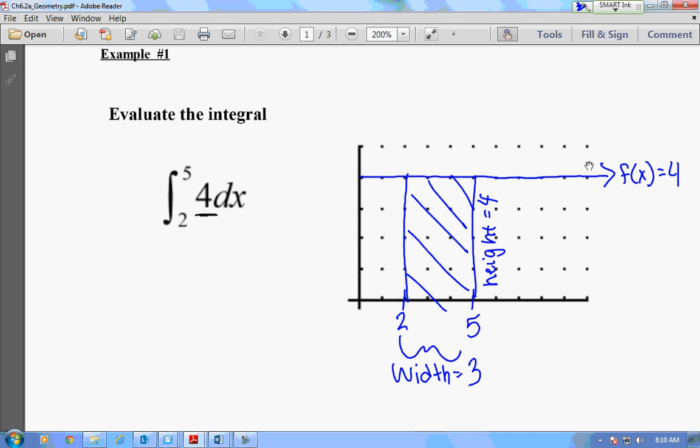This is a nice one to just use geometry. So if we integrated that, we would just do length times width and get 3 times 4. So area equals length times width. 3 times 4, so you'd say the area underneath the line from 2 to 5 is 12, right?